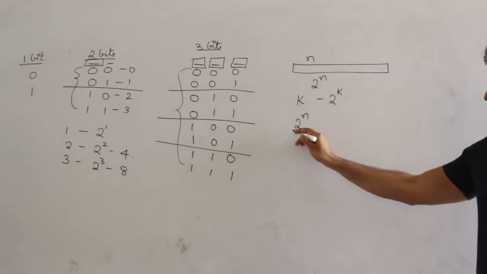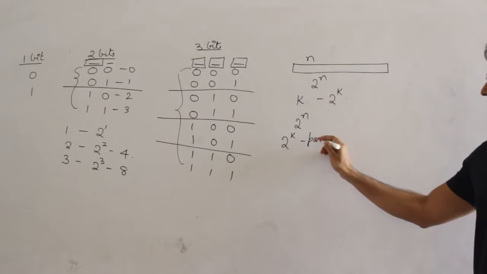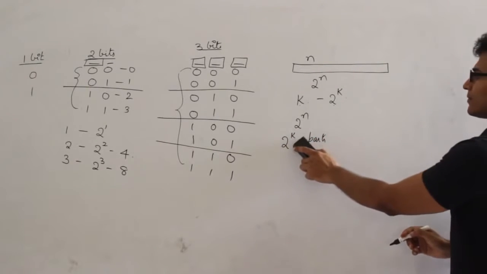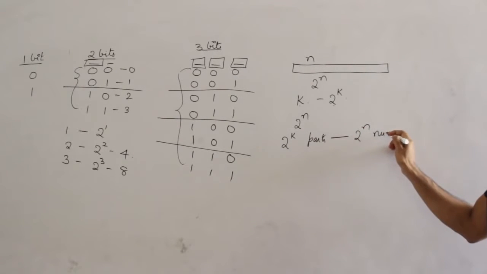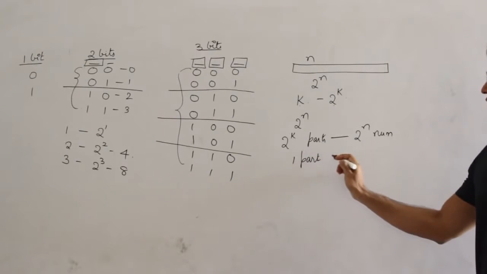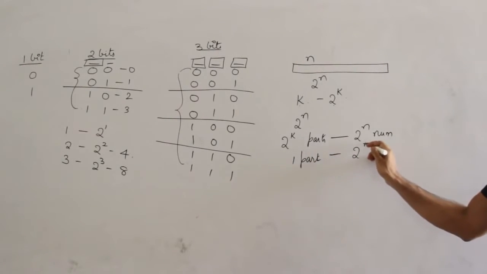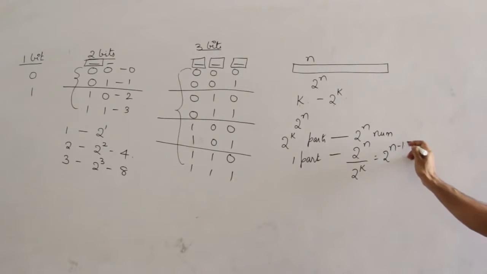Therefore what is the size of each part? We have 2 power k parts containing a total of 2 power n numbers, isn't it? Then each part size will be 2 power n divided by 2 power k, which is nothing but 2 power n minus k.